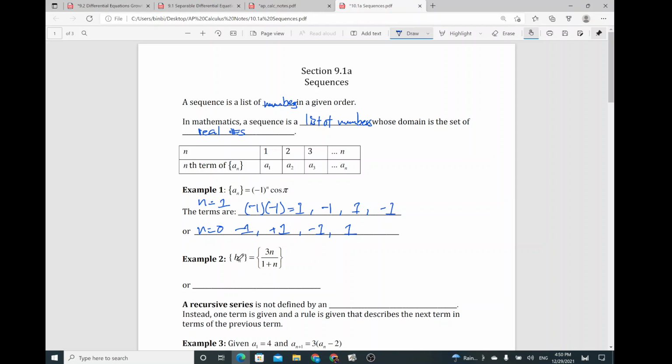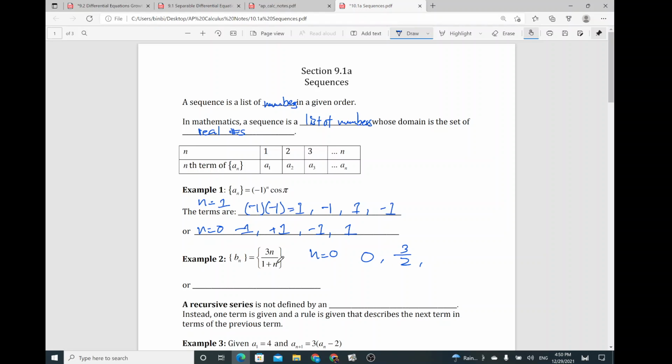Like this one here, b sub n. Let's say that you started with n equals 0. Then b sub 0 is 0 divided by whatever that is, so it's always 0. Then n equals 1, and this one turns out to be 3 over 2.